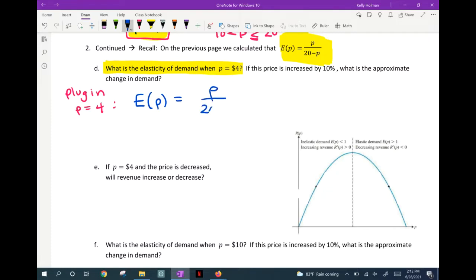I'm going to use the simplified one since we went to the trouble of finding it. So wherever there was a P, we're going to replace it with a 4. Okay, so that's going to give me 4 over 16, so that is 0.25.